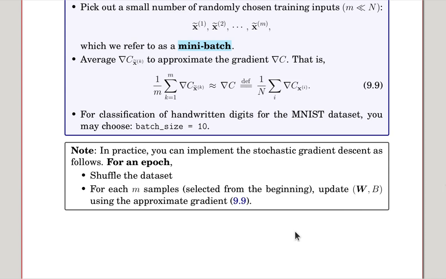Then after finishing the epoch, we again shuffle the data set and do the same. That is how the mini batch stochastic gradient method is implemented.